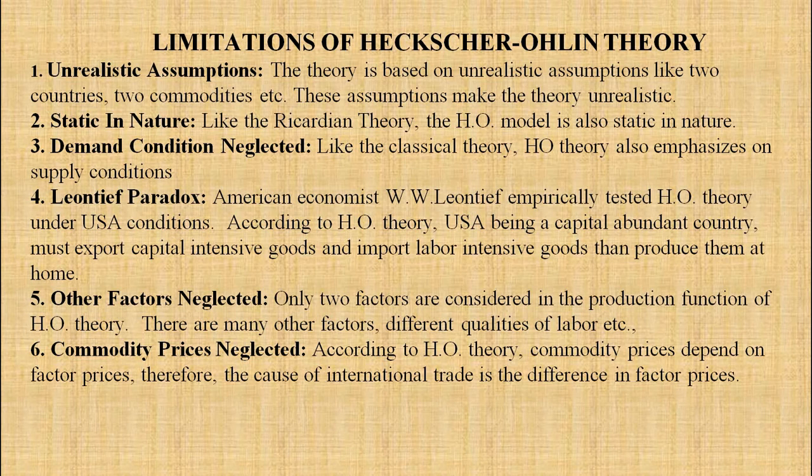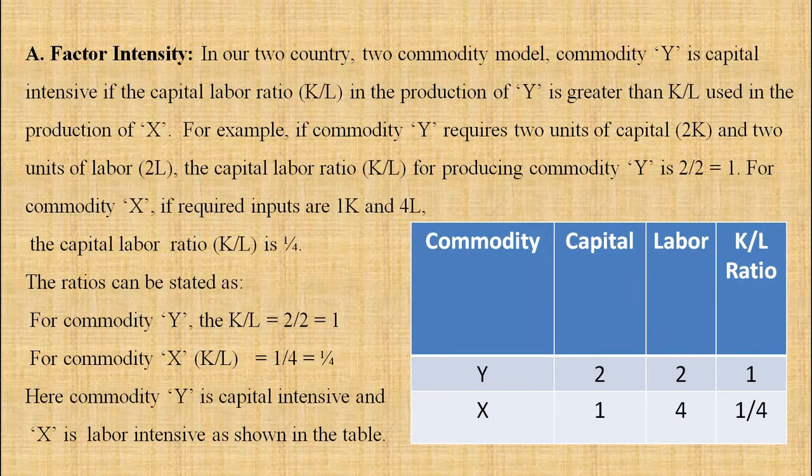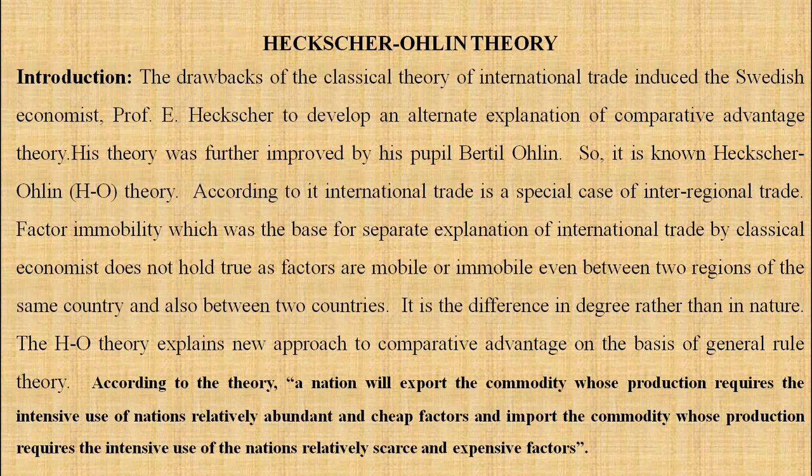Students, this is another very important question. As I told you, in module 1 there are 4 lessons, the first lesson is Ricardian theory and the second lesson is HO theory, Heckscher-Ohlin theory. Either of these can be asked, so both theories are very important.